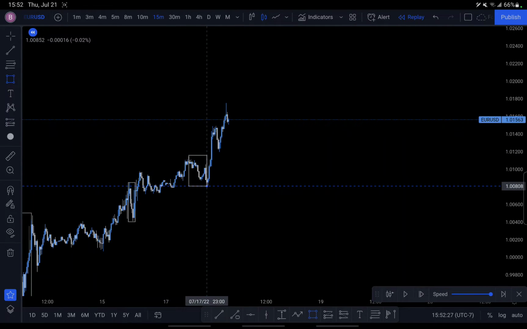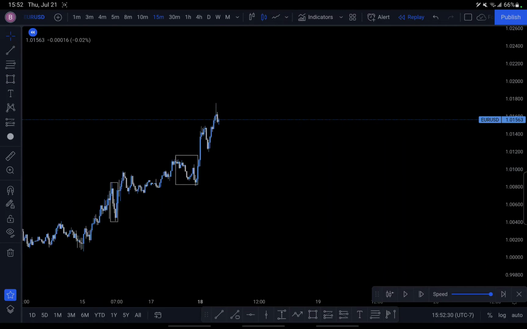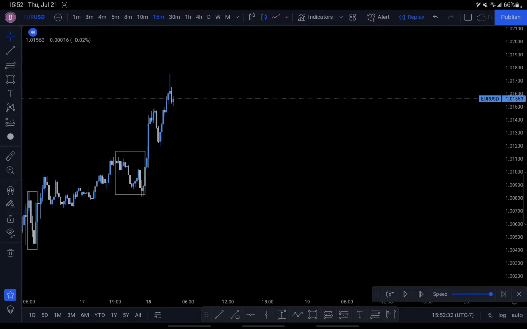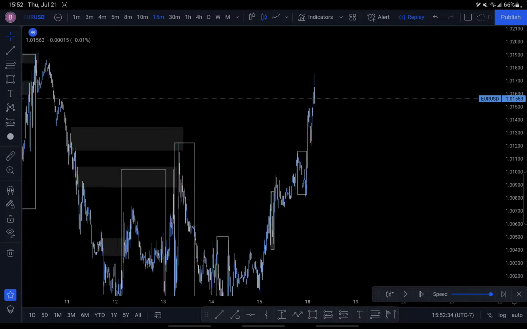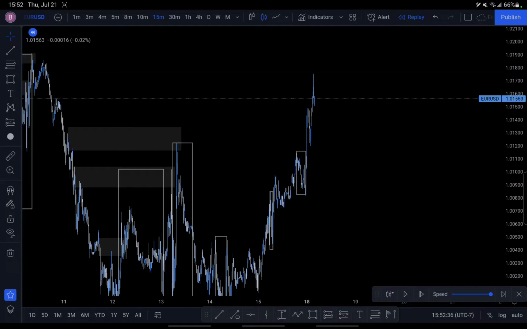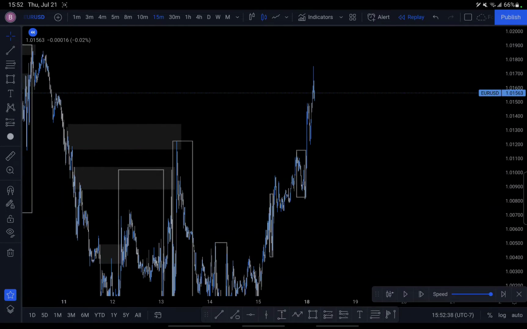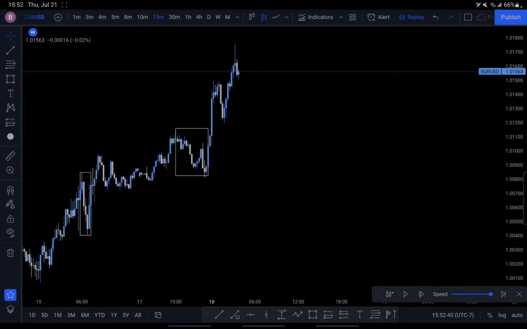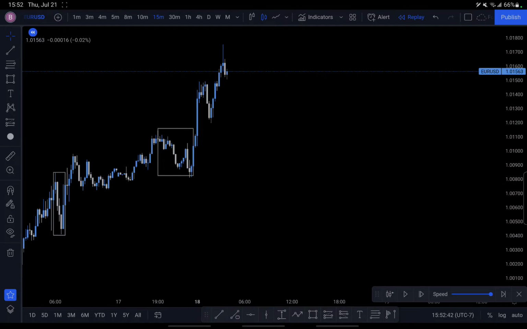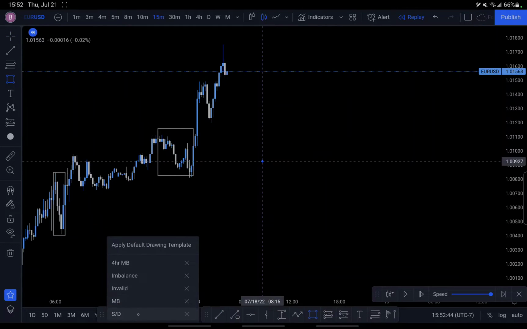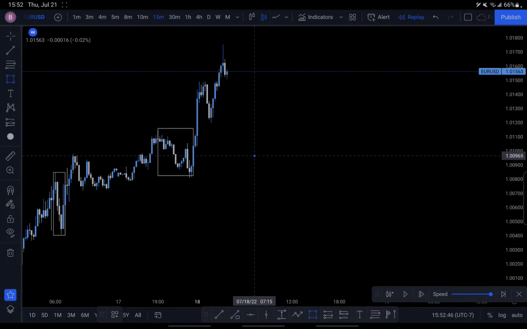Let's just keep following price, see where price wants to go. Okay, looks like price wants to keep going up. Okay, so let's zoom in here a little bit and find some demand zones here that can possibly get hit.